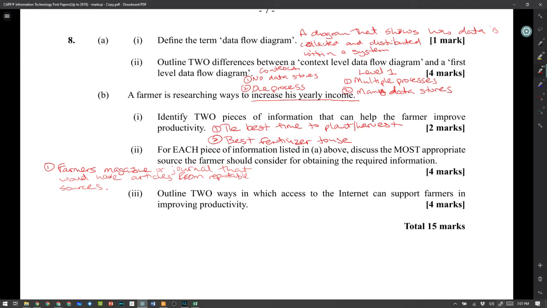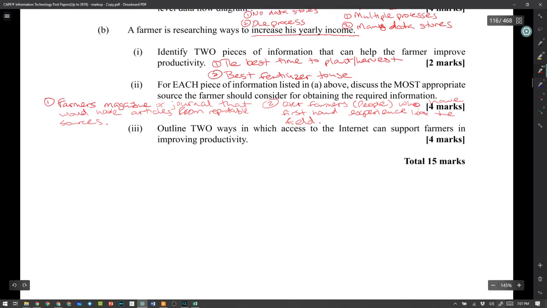They want to know if you know a type of data source and what it would be good for. So a magazine or journal might have reputable sources. And the next one would be from other farmers, people who have first-hand experience in the field.